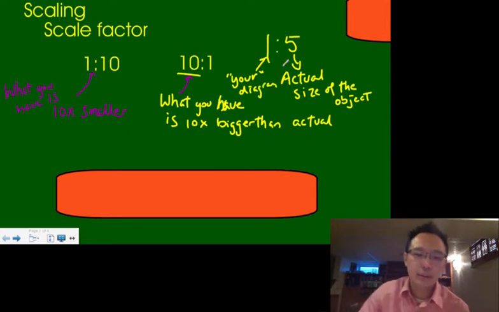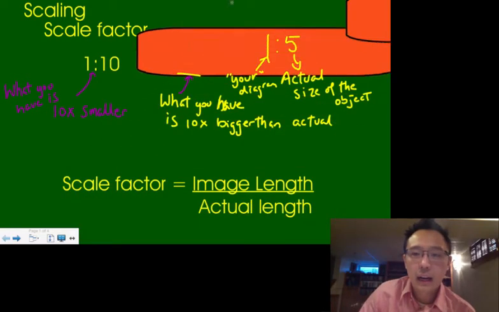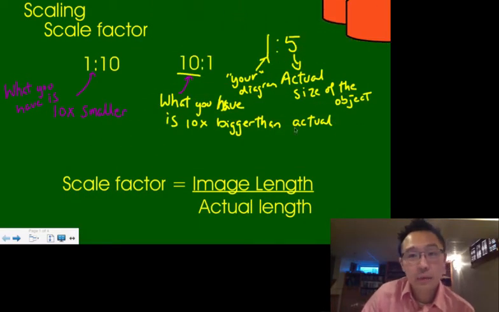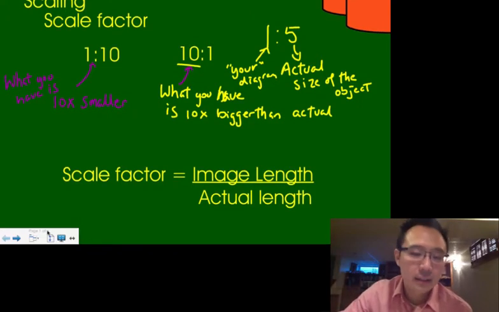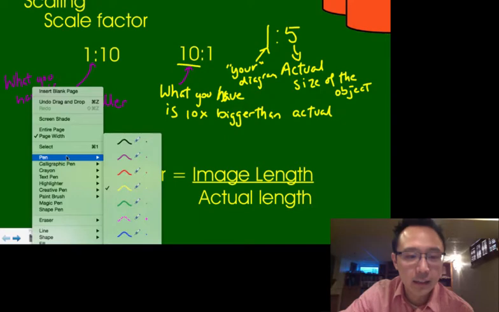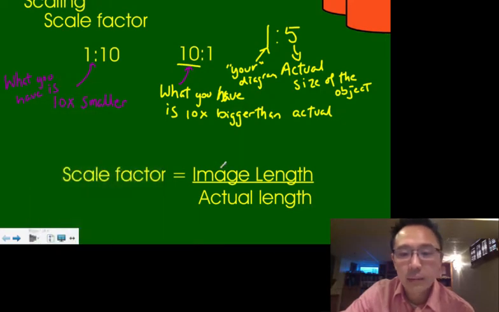So whenever you see a scale factor, you can change this into a fraction, into this formula. The scale factor is equal to the image length divided by the actual length.